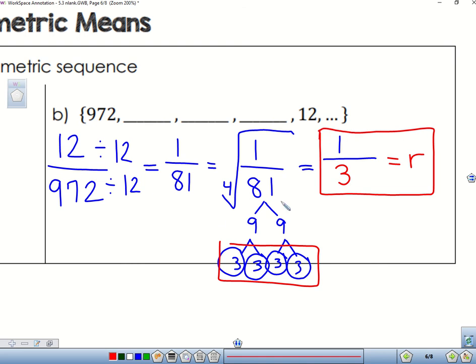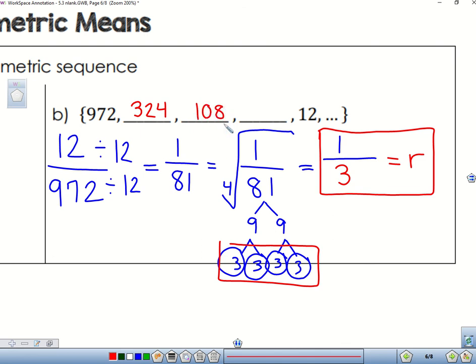Now that we have our common ratio, we're going to multiply it by our first term here. So multiplying by 1/3 is the same thing as doing what? Dividing by 3. So when I divide 972 by 3, I get 324. I'm then going to divide 324 by 3 again, which gives me 108.